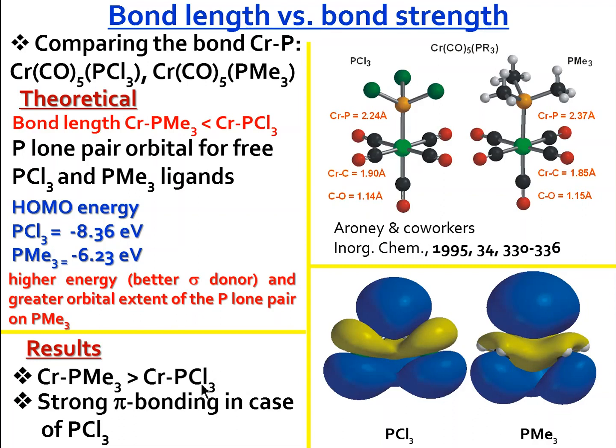The presence of chlorine, which is of high electronegativity, makes PCl3 a stronger pi acceptor. So the back donation in Cr-PCl3 is greater, and therefore Cr-PCl3 is shorter.